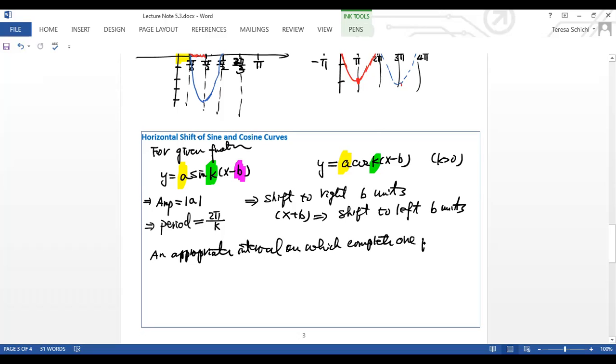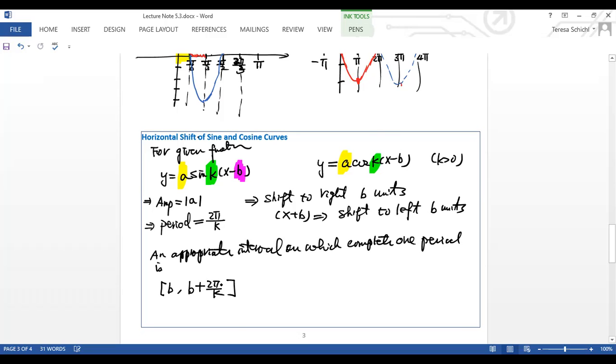Your interval starts at b, assuming a shift to the right, and then ends at b plus the period, which is 2 pi over k. So it's b plus 2 pi over k here.